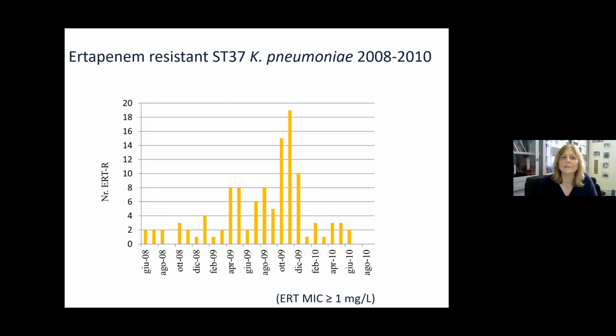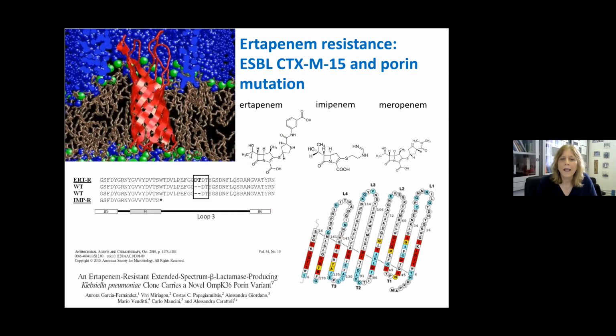They were resistant just to one of those, ertapenem, but they were susceptible to imipenem and meropenem. I was curious to study these strains, and this was a nice work in which, with the technology of the time, we identified a mutation in loop 3 of the outer membrane protein.